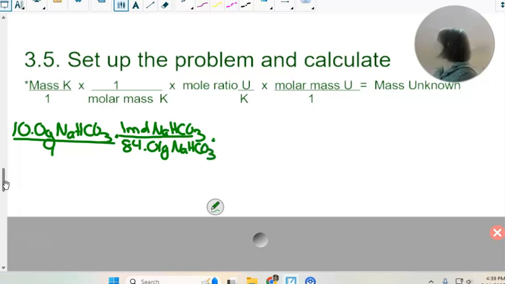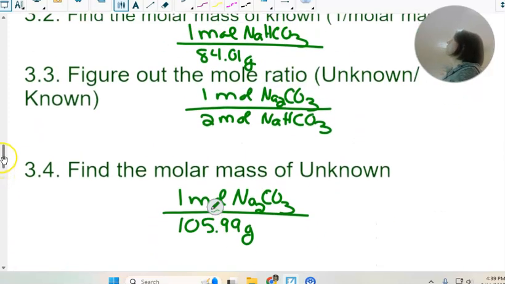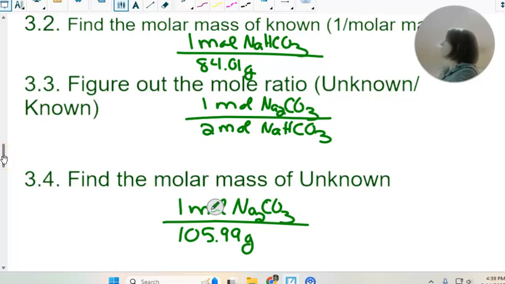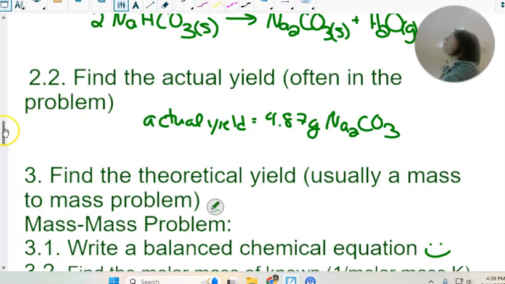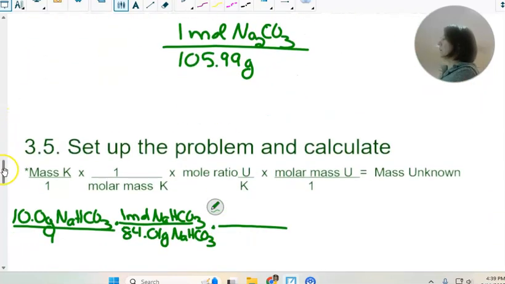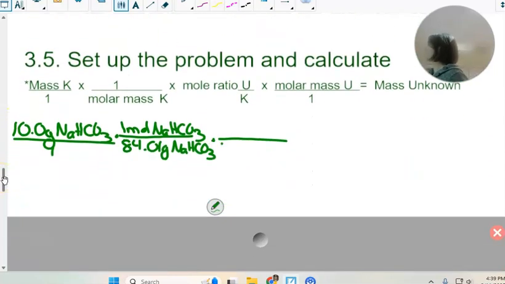times our mole ratio. And we want to cancel out sodium bicarbonate. So let's see, sodium bicarbonate is 2. Looking at our, yep, sodium bicarbonate is 2 moles. Sodium bicarbonate on the bottom, so it cancels out.